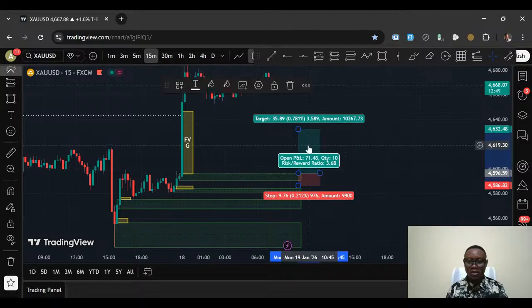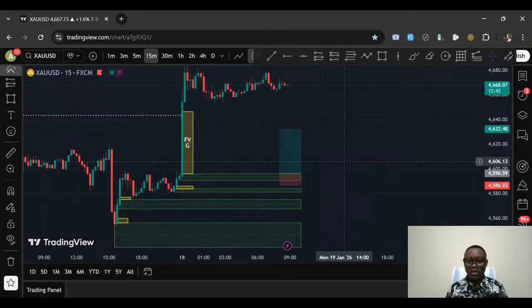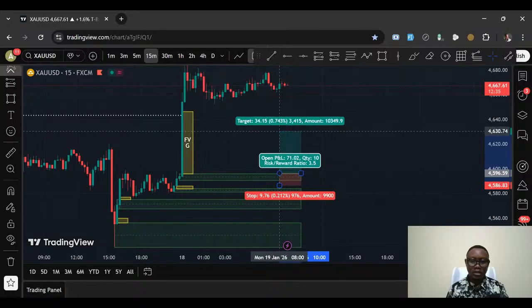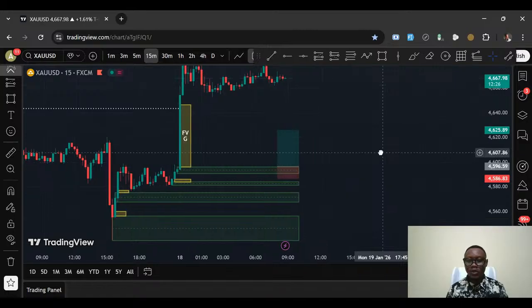Okay, so this is our position 2 on this zone, right? So let's just target 3R, which is this, on this zone.